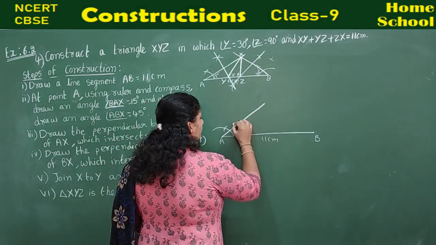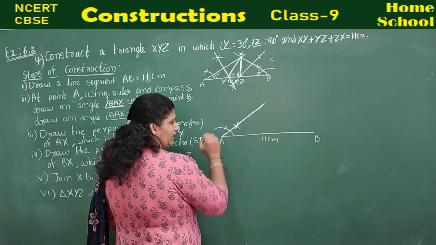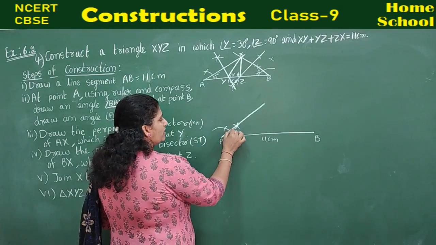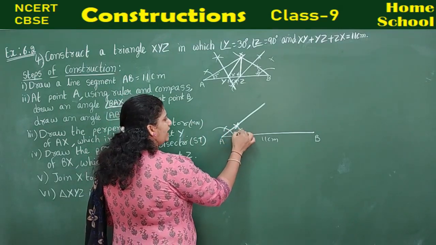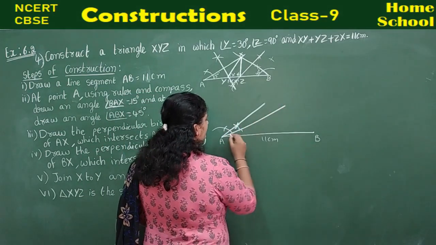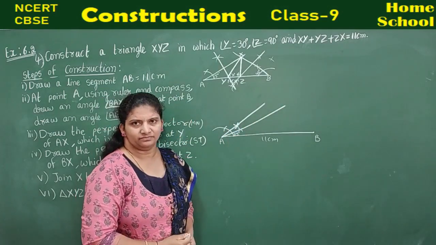And this angle, what you get? This is 30. But I don't want 30. So again what I do? From here where it touches, again do the angular bisector. This angle so formed is 15 degree angle.